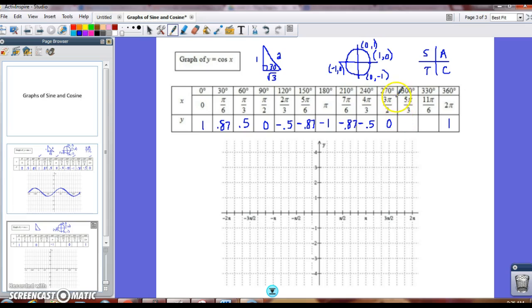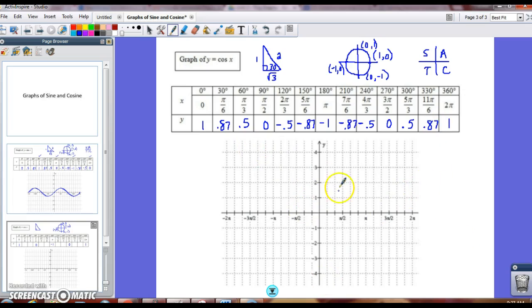At 270 degrees, or at 3 pi over 2. And now I'm in the fourth quadrant. Cosine is positive in the fourth, so my last two values here will be positive. At 300 degrees, my reference angle is 60. I'm going to be positive 0.5, and I'm going to be at positive 0.87 for my last value.